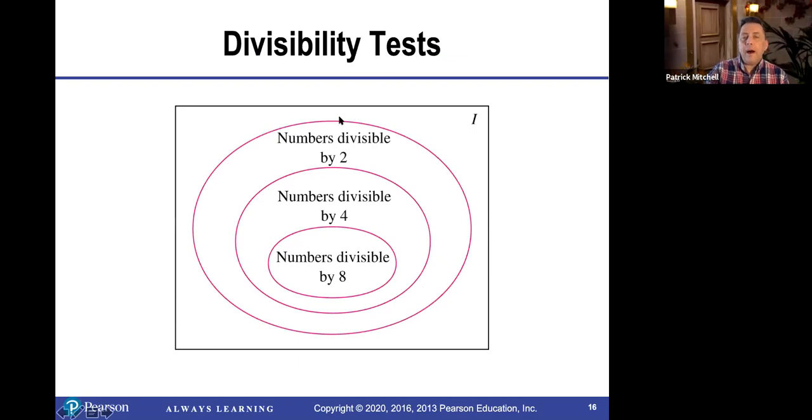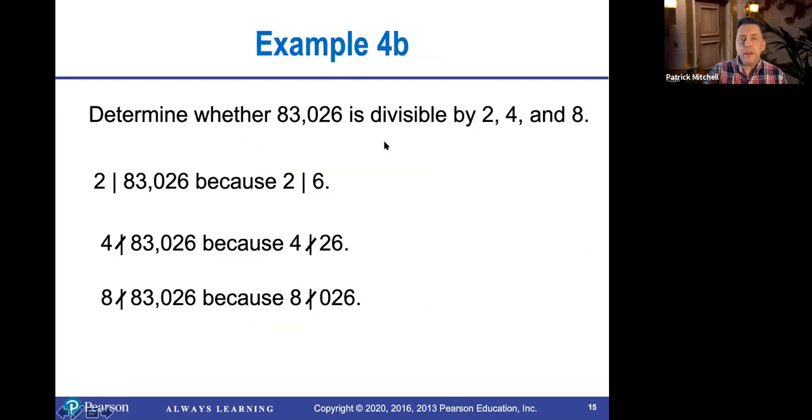All right, this is a Venn diagram showing the relationship between numbers divisible by 2, by 4, and by 8. The numbers divisible by 8 are a subset of the numbers divisible by 4, and the numbers divisible by 4 are a subset of the numbers divisible by 2. That's how I knew that this number, 83,026, was not going to be divisible by 8 as soon as I saw that it was not divisible by 4.